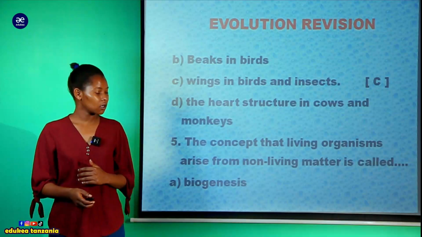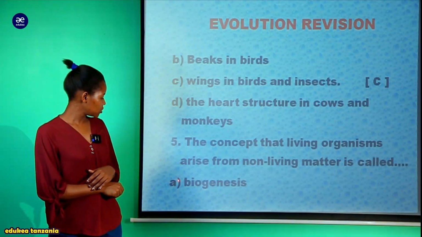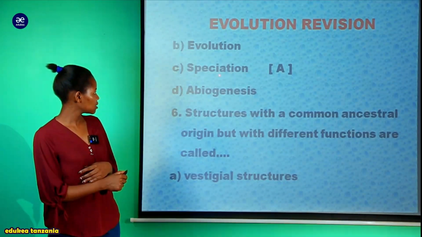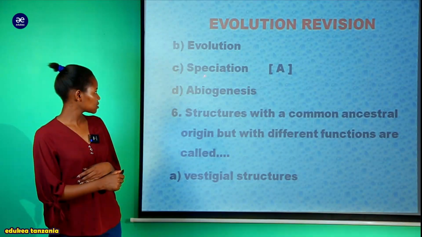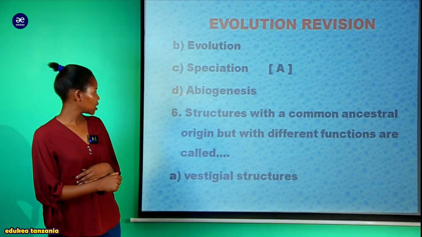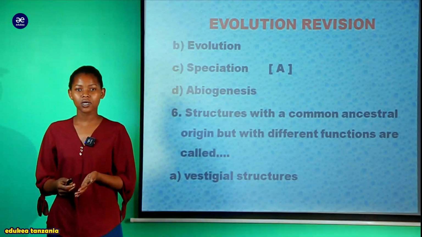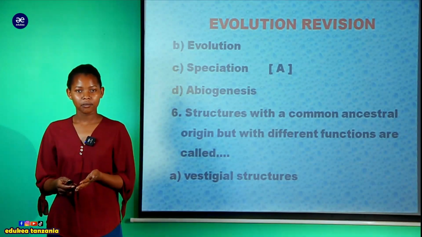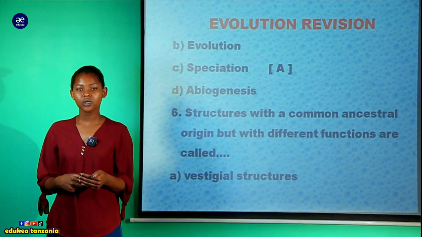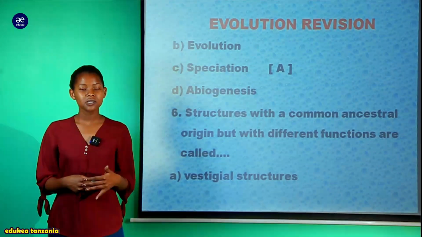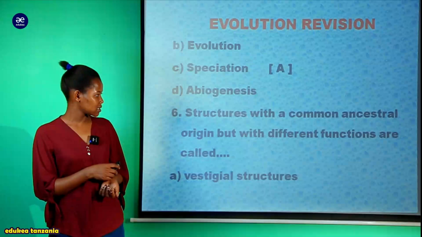That was all about it. You can see A is biogenesis, B evolution, C speciation, and D abiogenesis. So the correct answer is abiogenesis, the process by which living organisms arise from non-living matter.